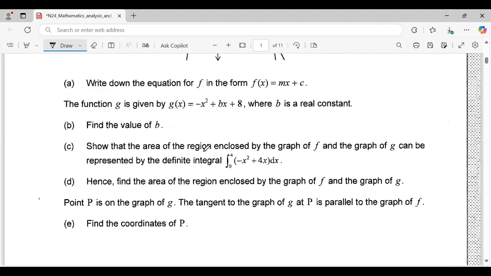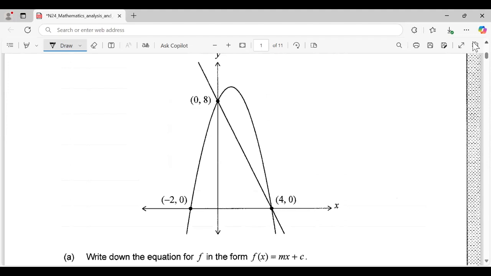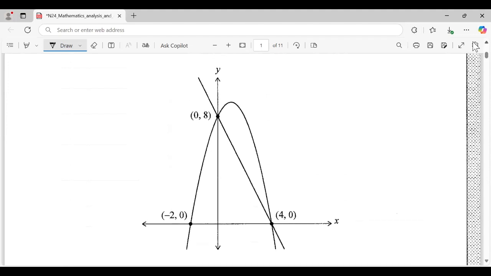Show that the area of the region enclosed by the graph of f and the graph of g can be represented by the definite integral from 0 to 4 of minus x squared plus 4x dx. If you look at this graph, this is fx, the linear equation, and the quadratic equation is gx.